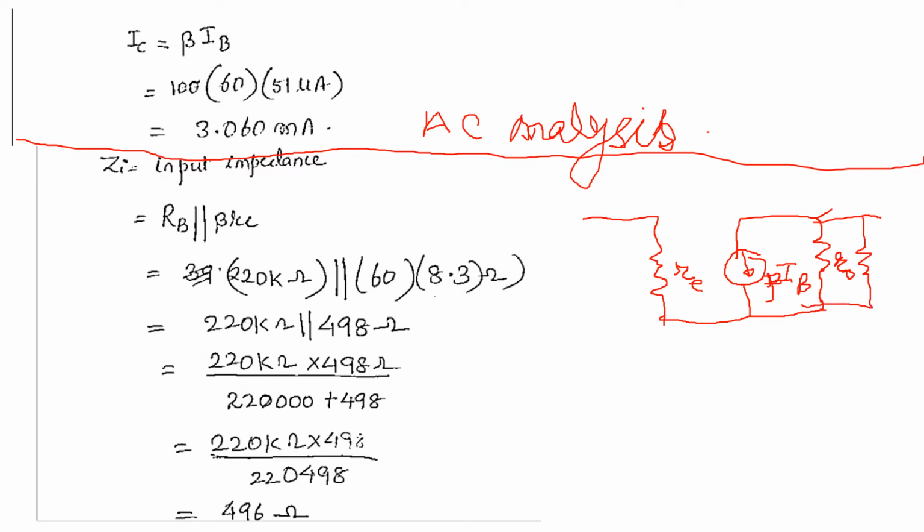This is your emitter, ground is here, this is your collector, then between the base and the ground there is resistance RB.